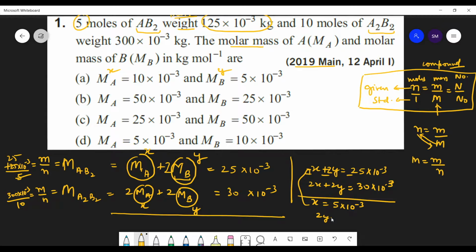So 2y equals 25 minus 5 into 10 to the power minus 3, that is 20 into 10 to the power minus 3, and y equals this divided by 2. Got the answer, students?